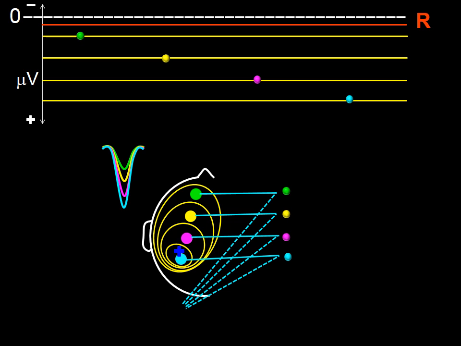Now I have introduced in the isopotential map solid lines representing electrodes entering into input 1 and dashed lines representing electrodes entering into input 2 of a differential amplifier.